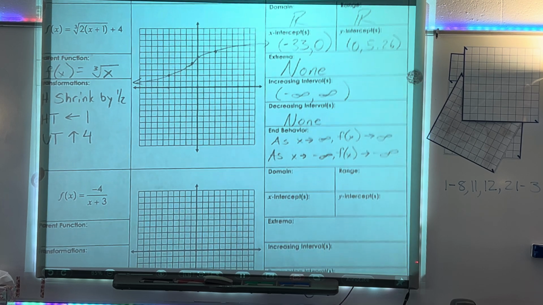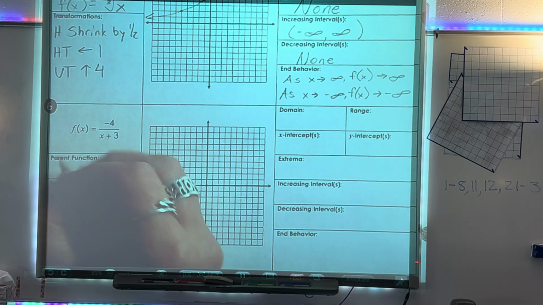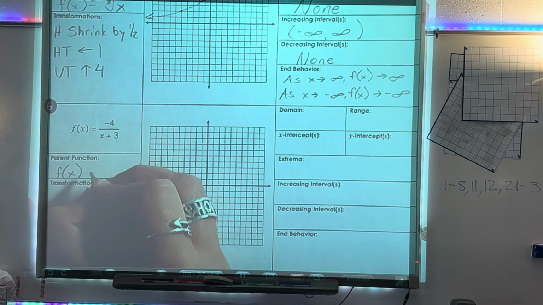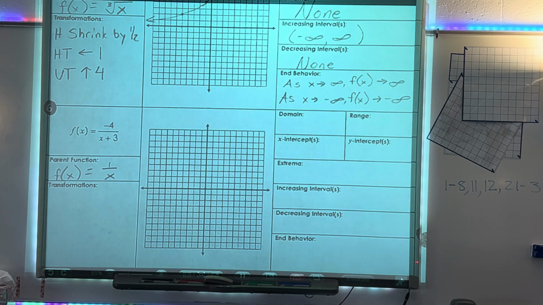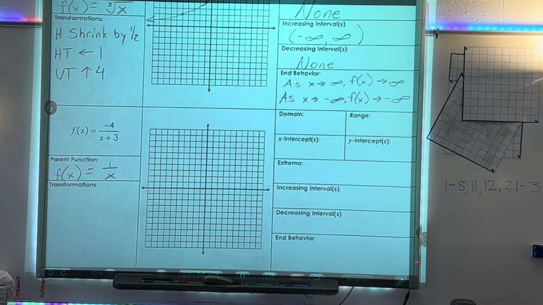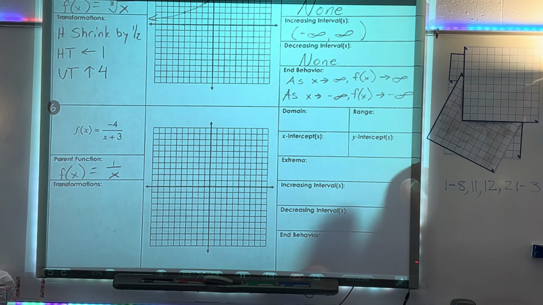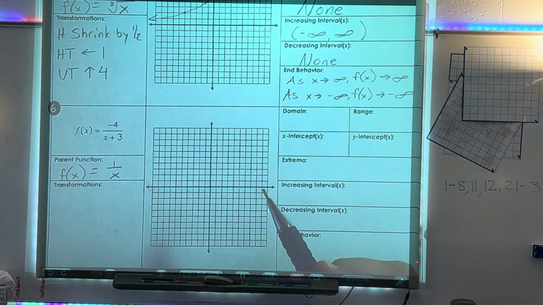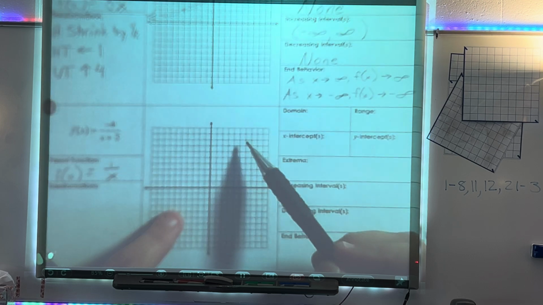Yes, ma'am. Alright, this is our reciprocal function. Definitely going to have to graph this one, because I don't know these well enough. And I don't have where I'm going to have the asymptotes for sure. Horizontal and vertical. Okay, I know it's reflected, so normally these would be in these quadrants.